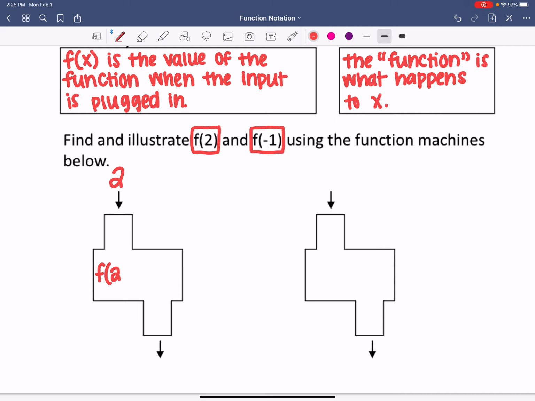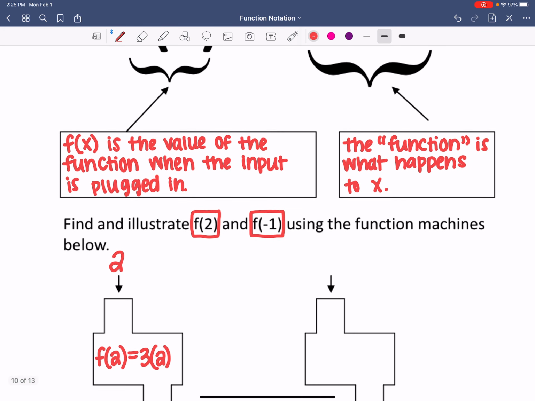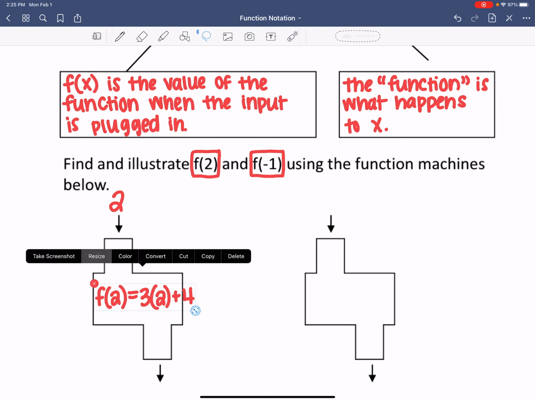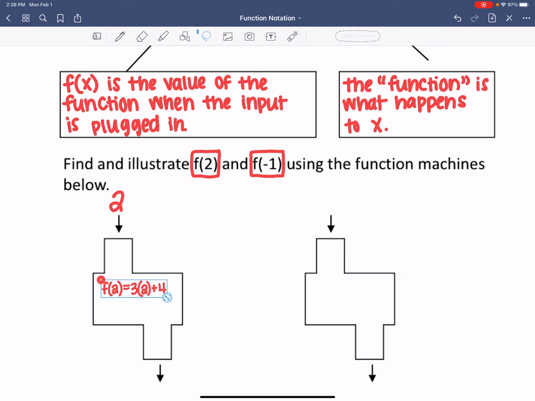So f of 2 equals 3 times 2 plus 4. All we did was take 2 and plug it in for x.